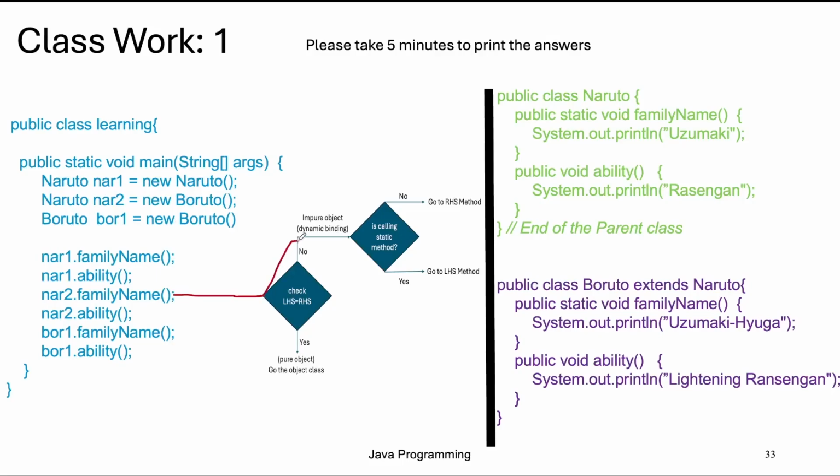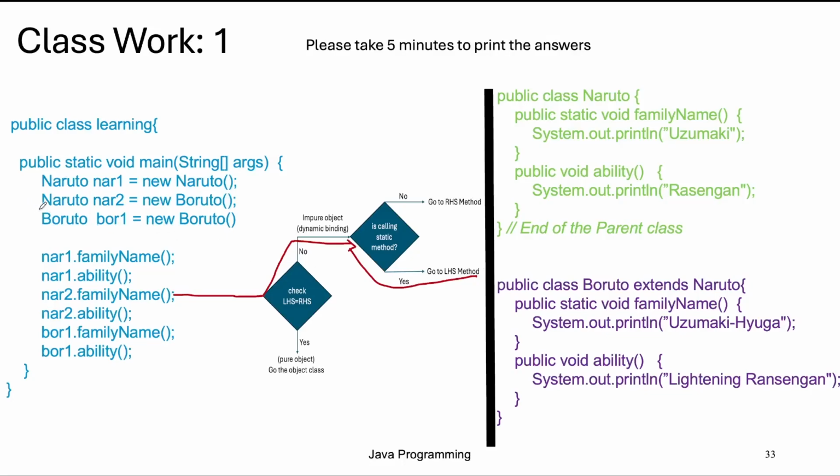Okay, so this is our impure object. Now check the binding. Is family name function a static method or not? Okay, please check. Family name is a static method. Okay, yes. So what we are going to do is we have to go to the left hand side method.